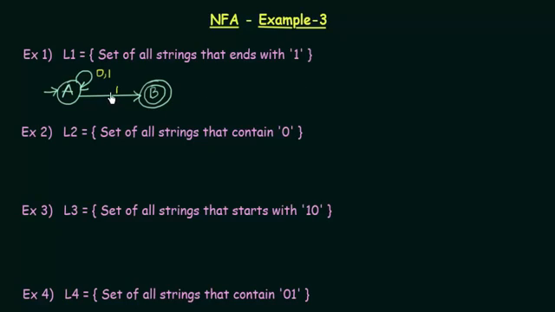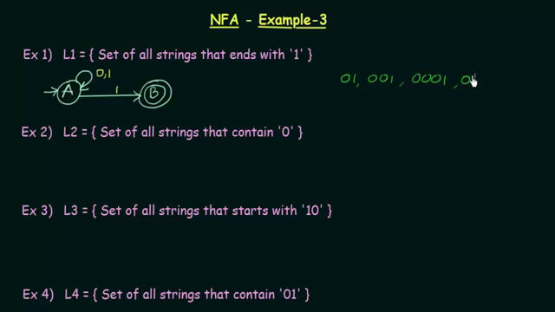That is how we design this. But here there is a question that you can ask. Why did I write 0, 1 here? I could have written A on getting input just 0, it stays in A, and on getting input 1 goes to final state B. Why I did not write this is because if it was only 0 over here, then the only strings that would be accepted by this NFA would be 1, 01, 001, 0001.